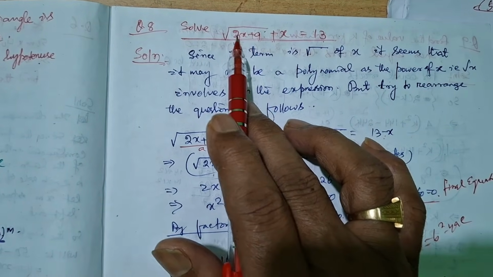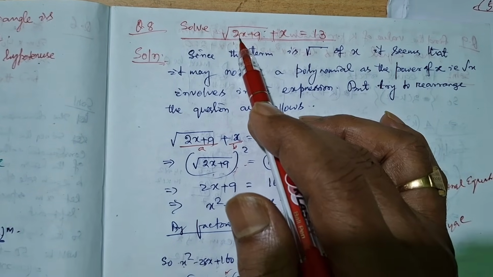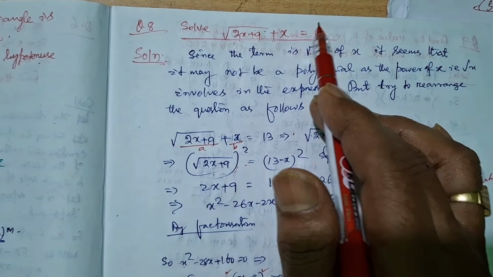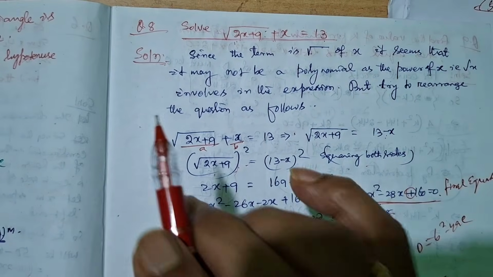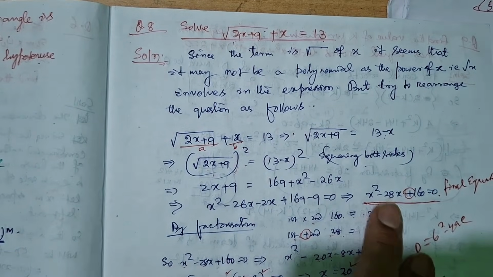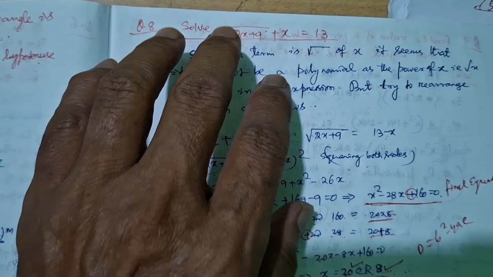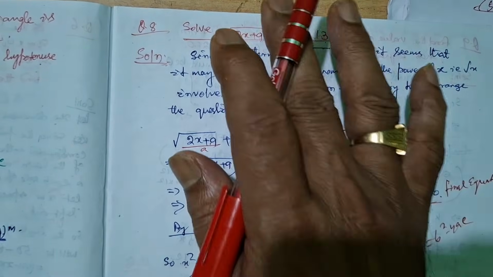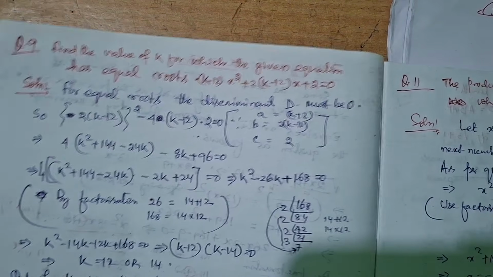You have to first try to abolish or delete this root over. Then if you get it in this form, it will be a quadratic equation. So initially you cannot outright say that it is not quadratic, but it can be transferred into a quadratic equation or quadratic form.